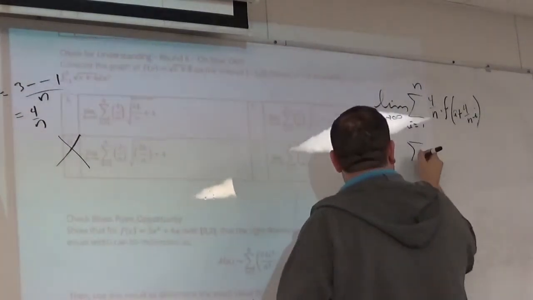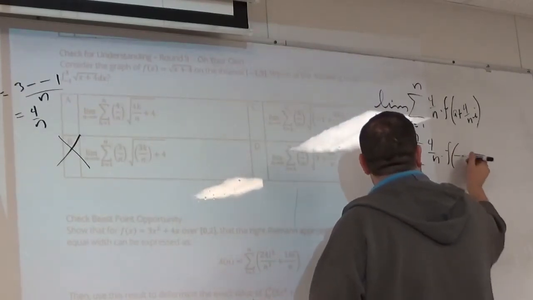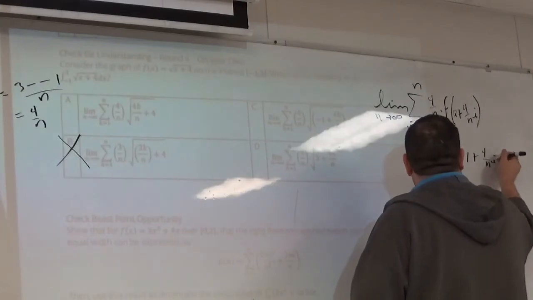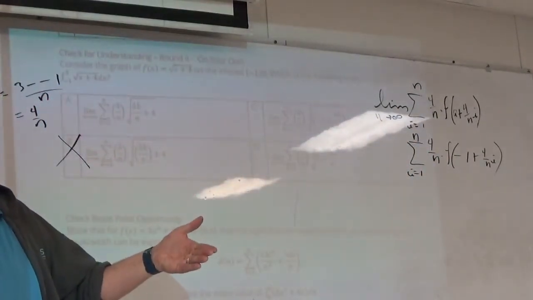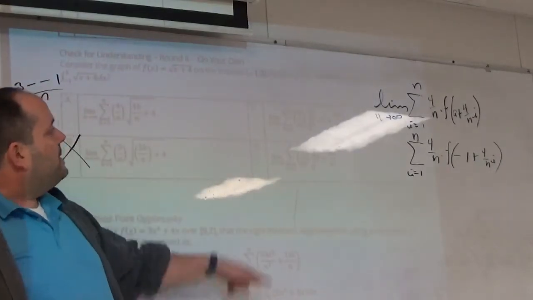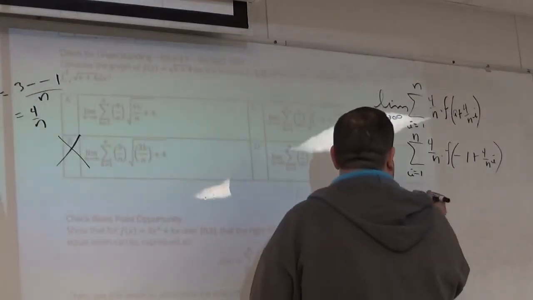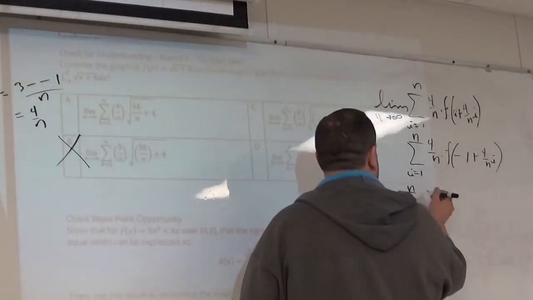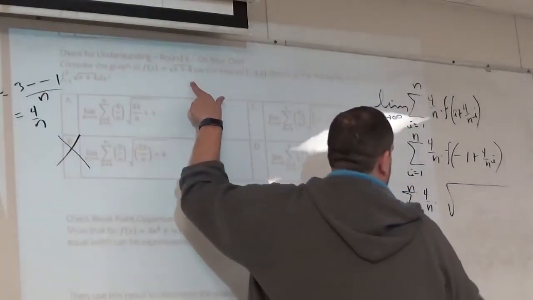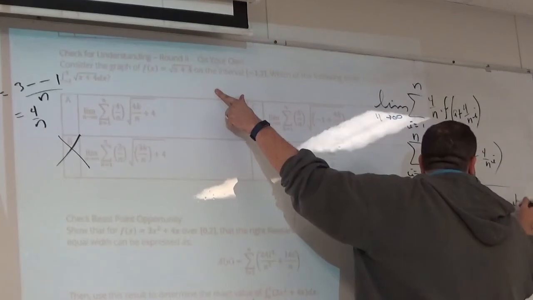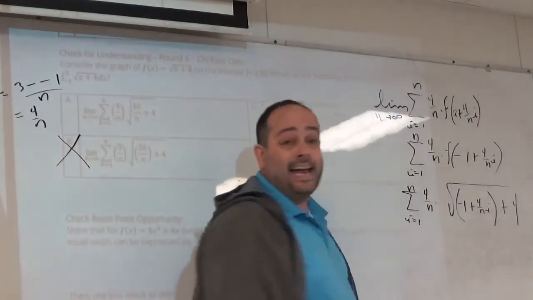So you're looking for i to go from 1 to n, 4 over n, f of -1 plus 4 over n times i. That's the form. That's the pattern. But now you've got to go further because they gave you the function as the square root of x plus 4, which means if everything else stays the same, you sum from 1 to n, 4 over n, the square root of stuff plus 4, where the stuff is -1 plus 4 over n times i.